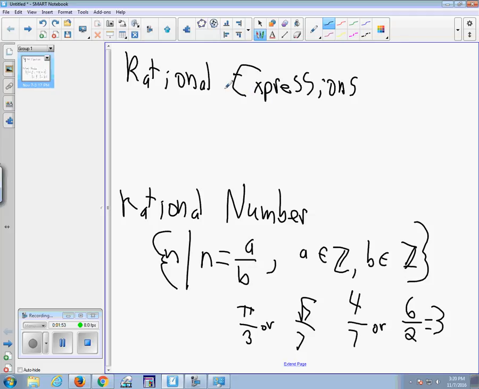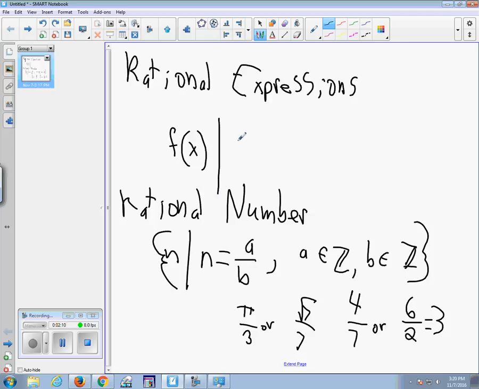A rational expression is very similar. A rational expression is all functions, and we'll talk more about functions in the next chapter.